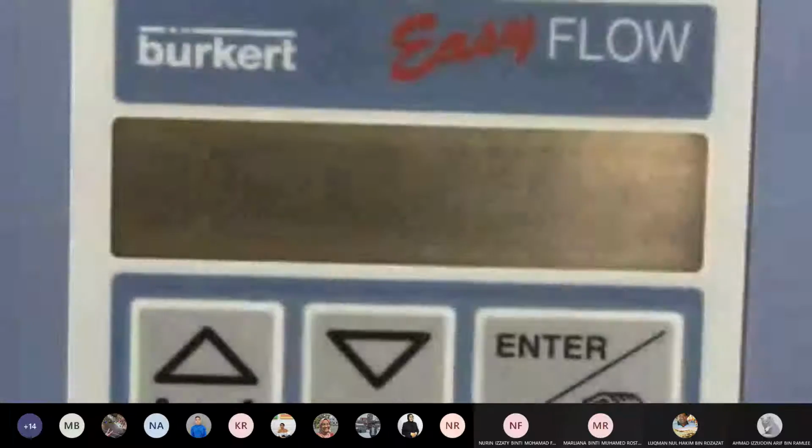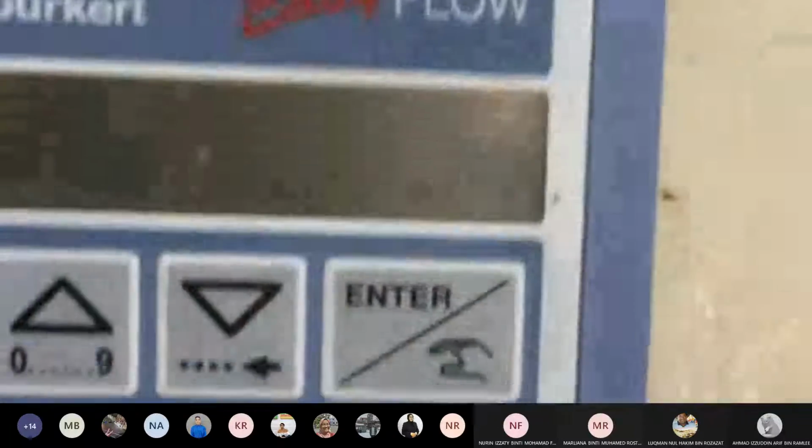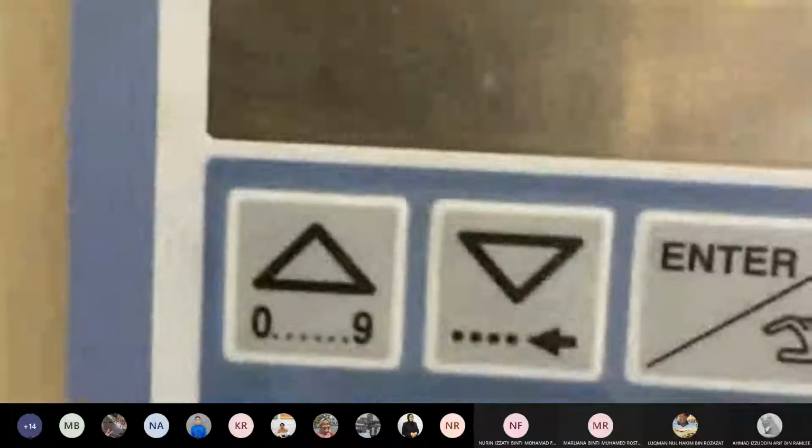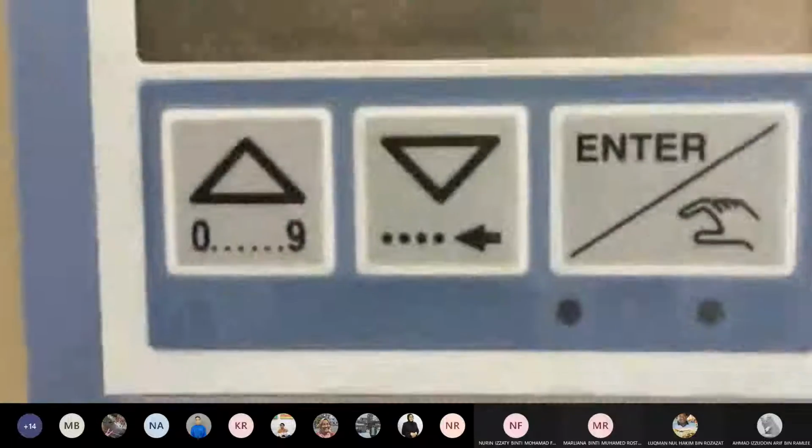The reading is shown here on the panel. The sensor sends the signal to the flow indicator, so you will read the reading over here. This is 301, this is 302 flow rate, the volumetric flow rate. In this experiment, for experiment 2A, we will study different flow rates.